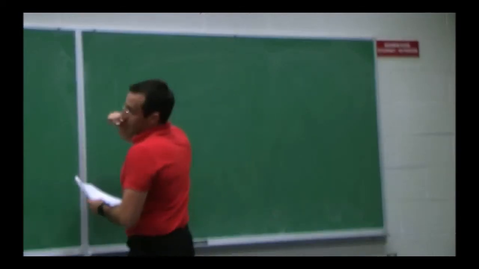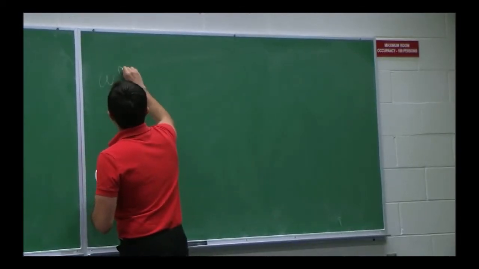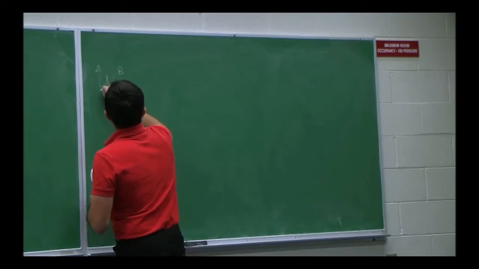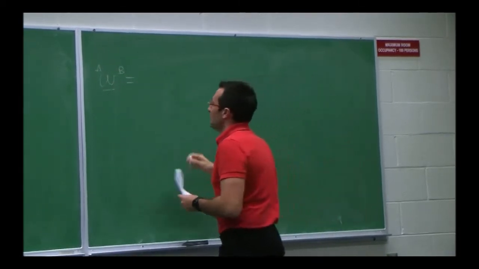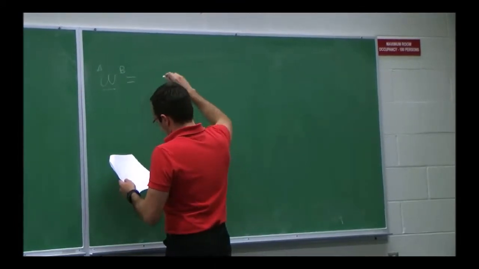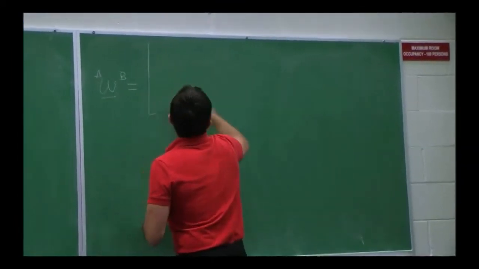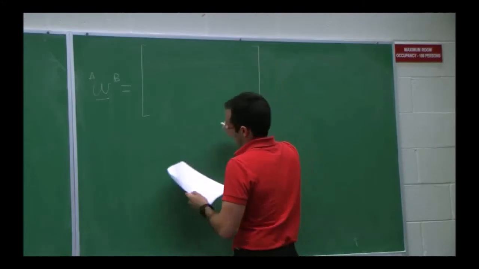You get that basically the omega of B with respect to A, expressed in the basis B, will look like this. A matrix. Let's see.